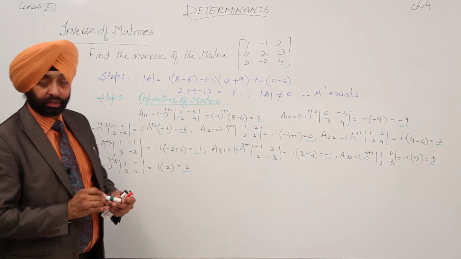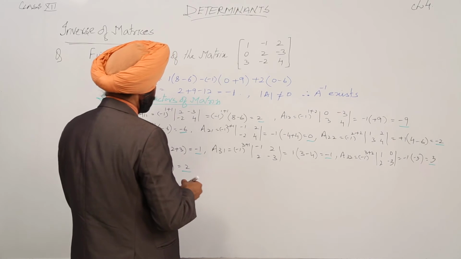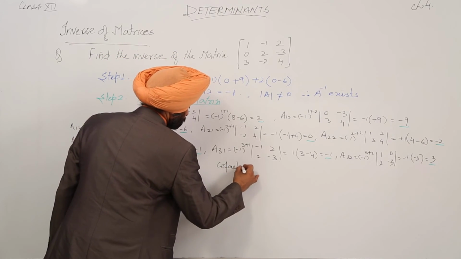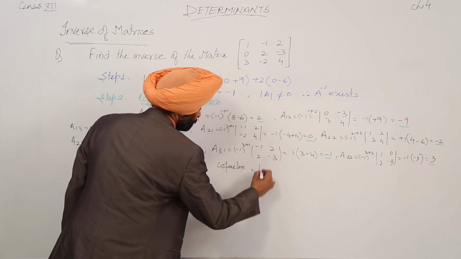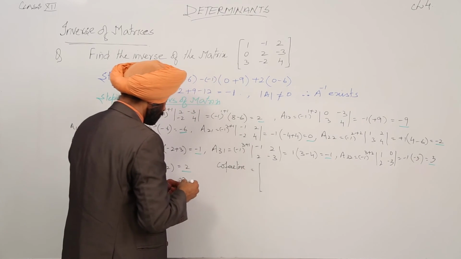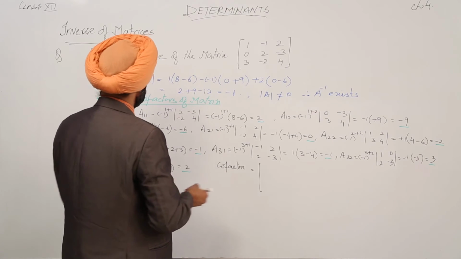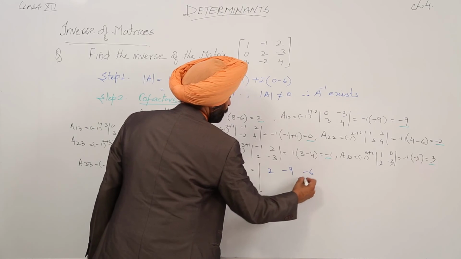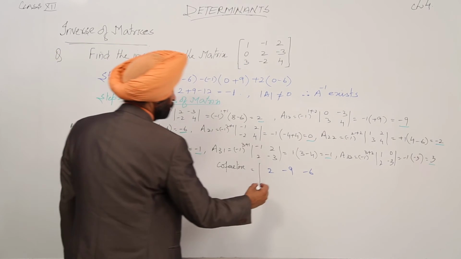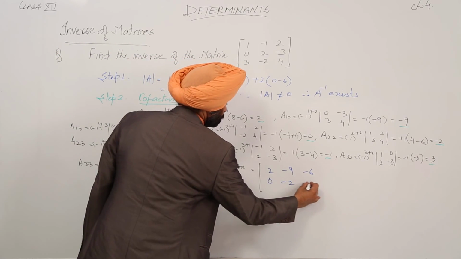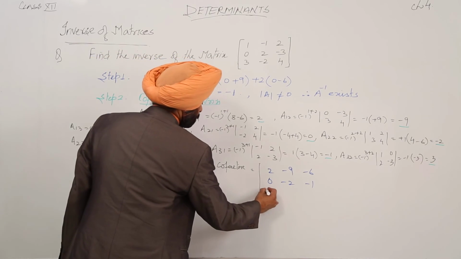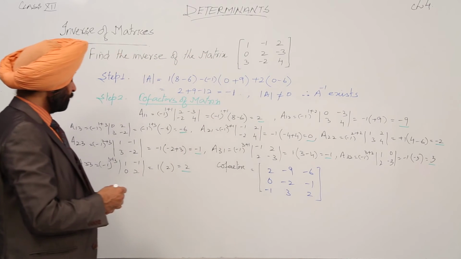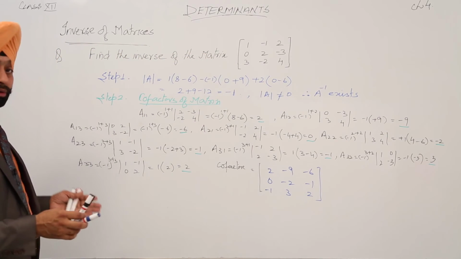All the 9 cofactors we have found. Now let me write the cofactors. Cofactors are: first is 2, minus 9, minus 6, then 0, minus 2, minus 1 and then minus 1, 3 and 2. Okay. All the 9 cofactors.